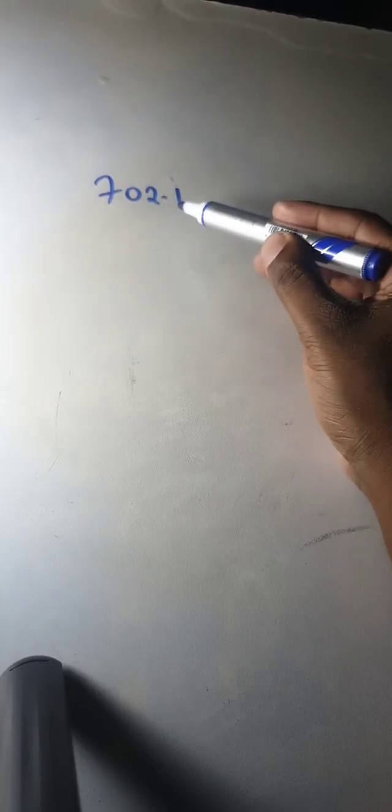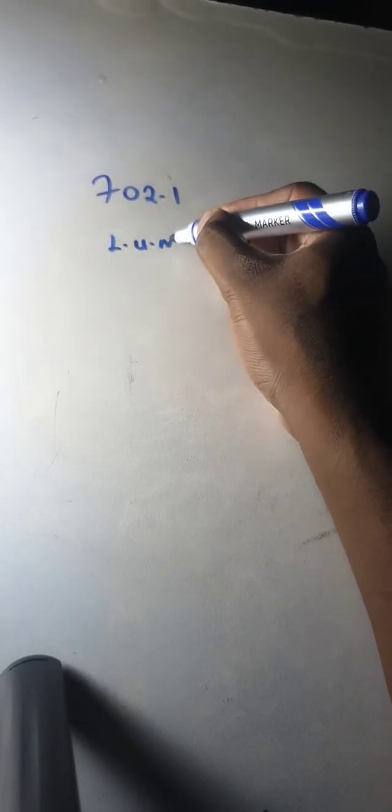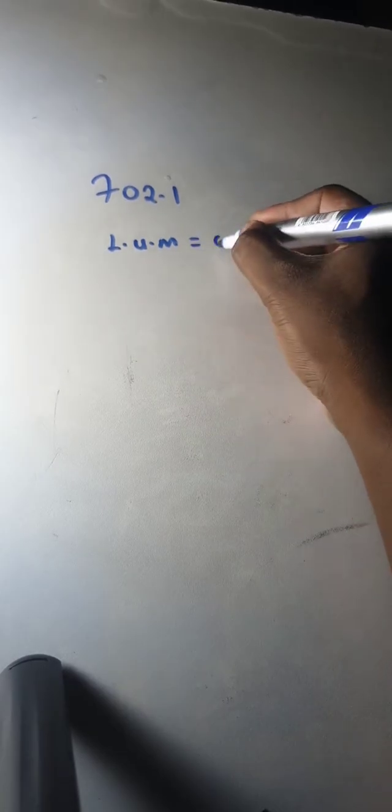Ladies and gentlemen, how many decimal places is this mass? It's in 1 dp. So if it's in 1 dp, that means its least unit of measurement or tolerance is 0.1.